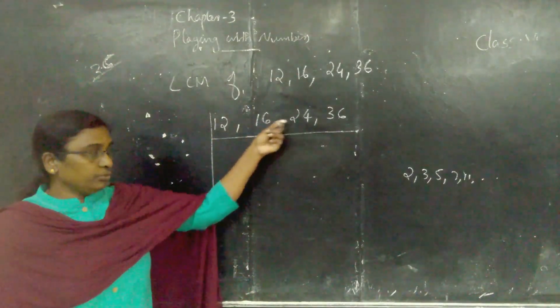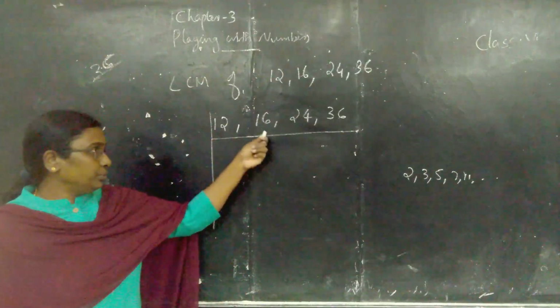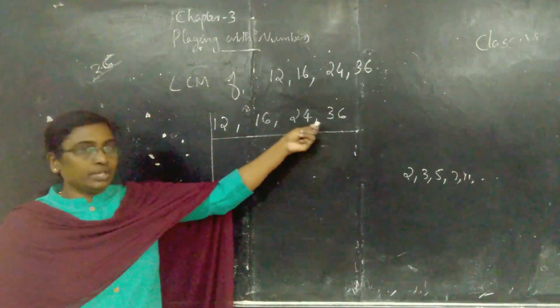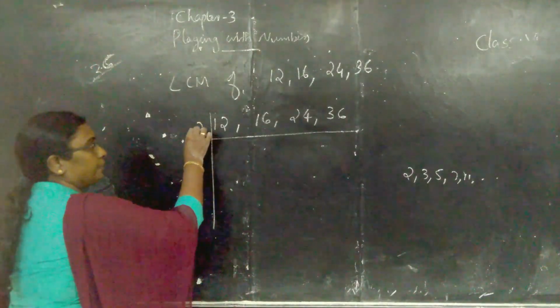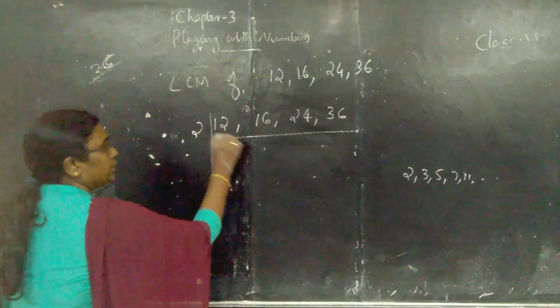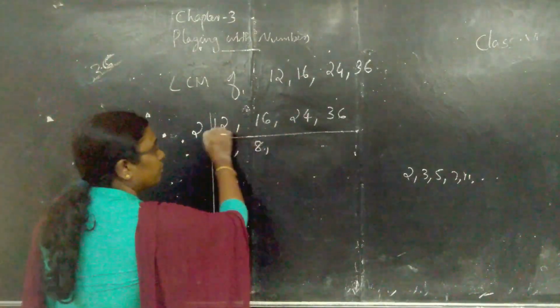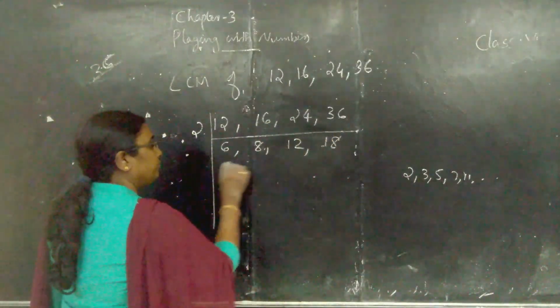Check whether any one of these numbers is divisible by 2. 12 is divisible by 2, 16 is divisible by 2, 24 is divisible by 2 and 36 is divisible by 2. So write 2 here. Then divide 12 by 2, 6; 16 by 2, 8; 24 by 2, 12; 36 by 2, 18.